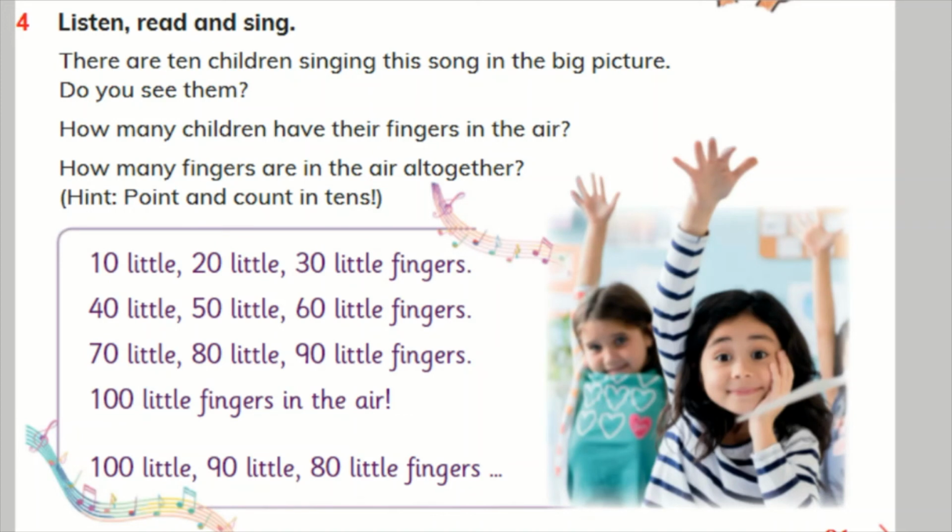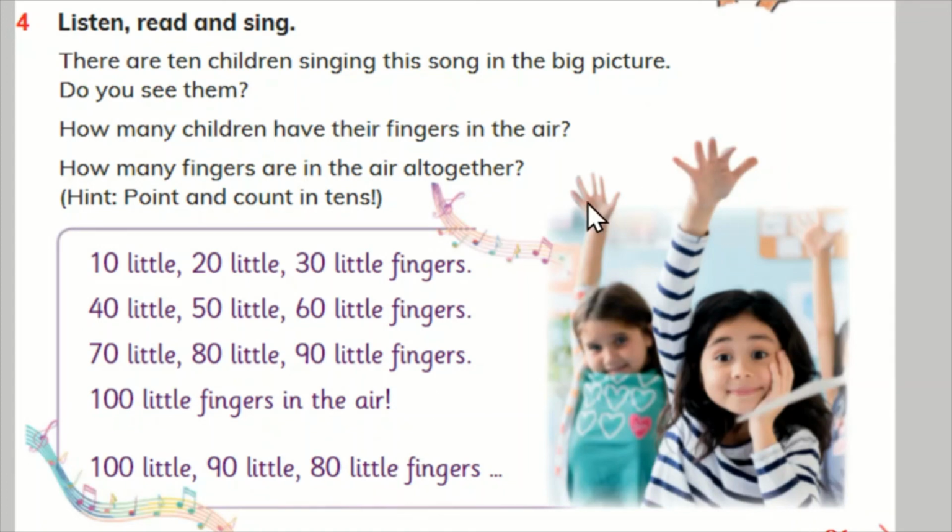Track 56. 10 little, 20 little, 30 little fingers, 40 little, 50 little, 60 little fingers, 70 little, 80 little, 90 little fingers, 100 little fingers in the air.